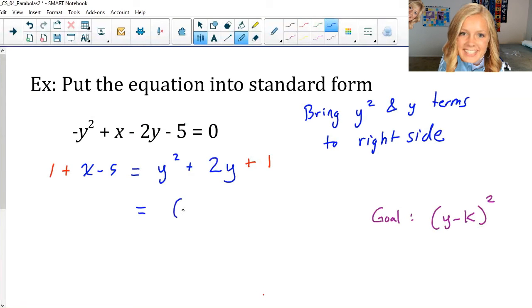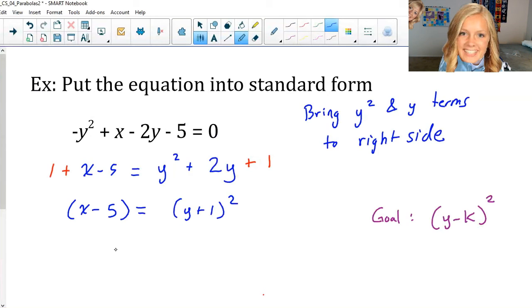Now on the right side, I can factor that. Y plus 1 squared. And on the left side, I have x minus 5. And I'm good.